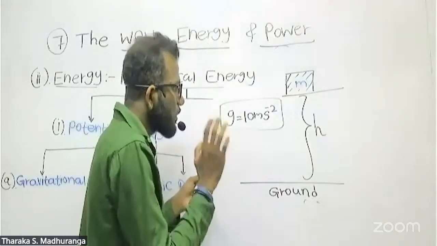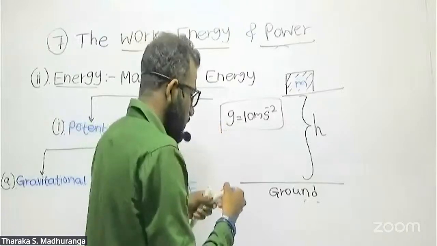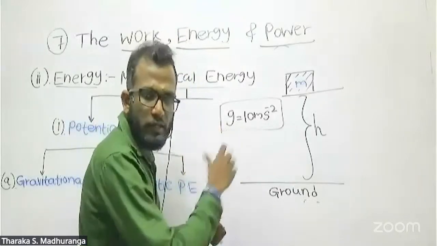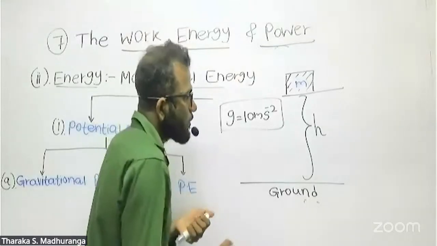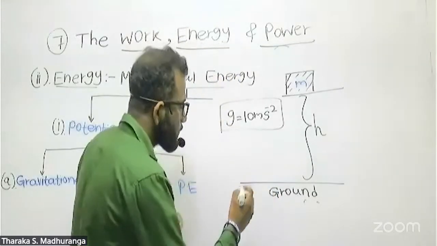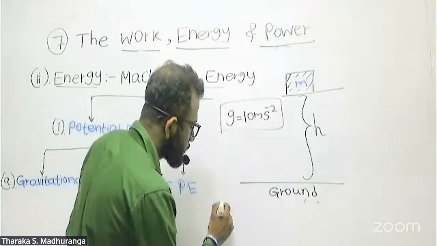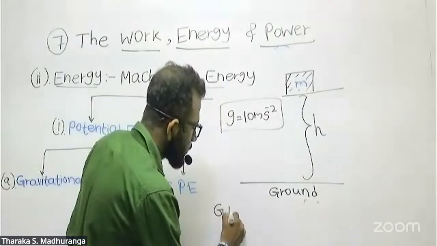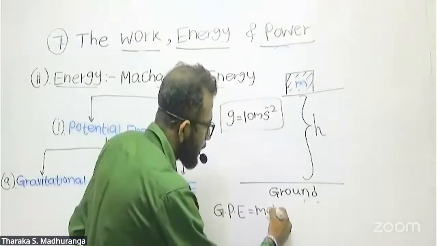Then we can get the gravitational potential energy according to these factors. Gravitational potential energy equals mgh is the equation.